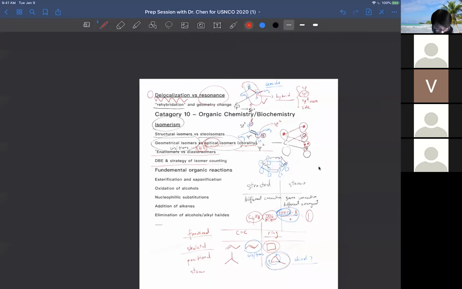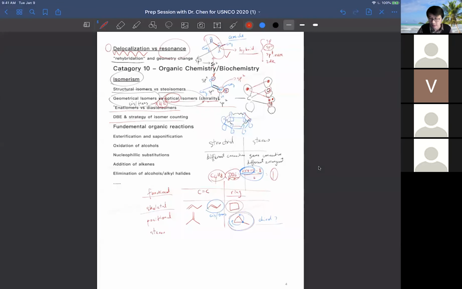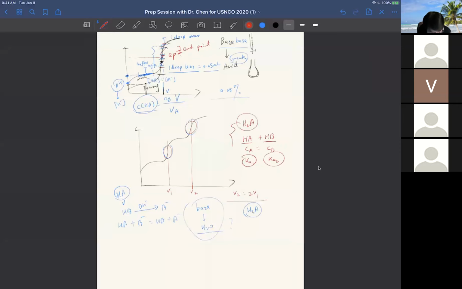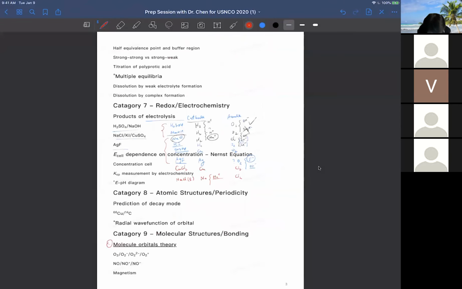Yeah, I'm pretty much done. We used around 95 minutes. Pretty much finished what I planned to do, except one of the contents, which is the molecular orbital theory. I hope it's helpful to some degree to some of you.